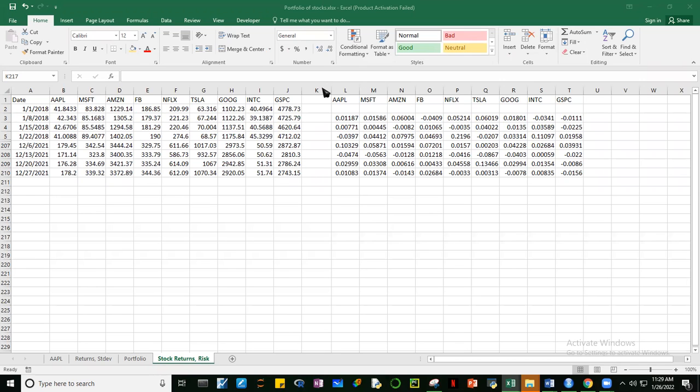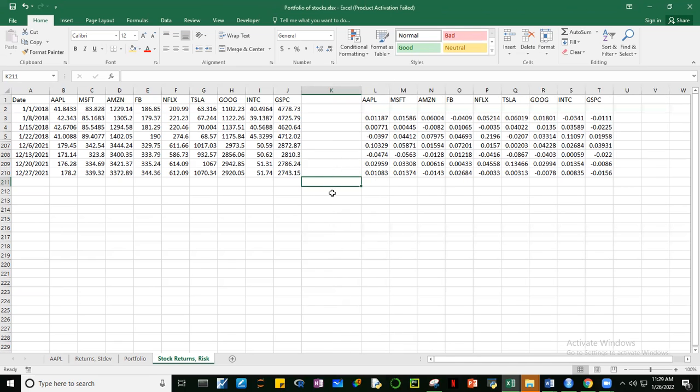Okay, sige. Let's continue, guys. So we now have the returns. We can now compute for the average log returns, no? Continuous to, di ba?